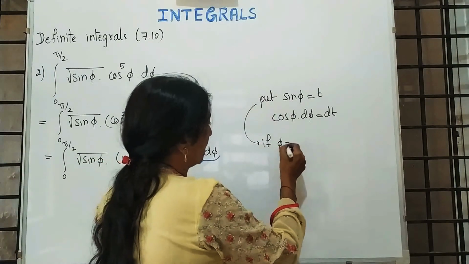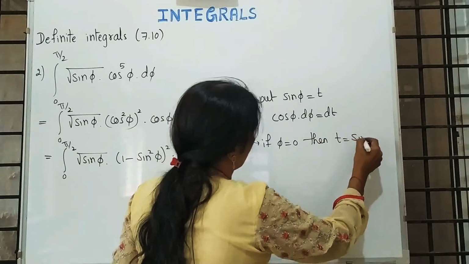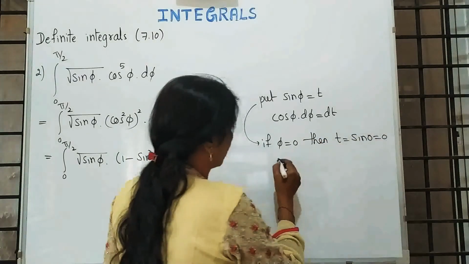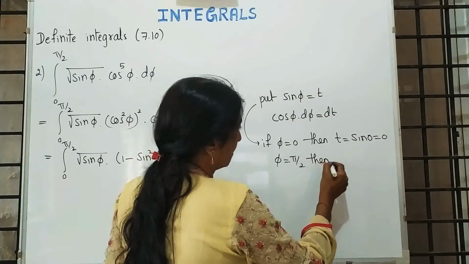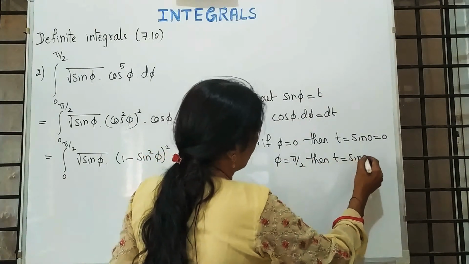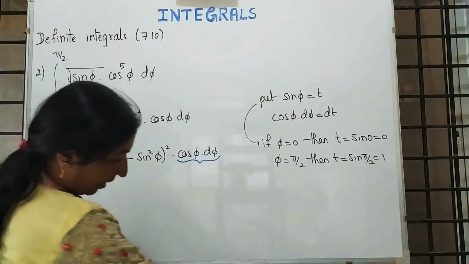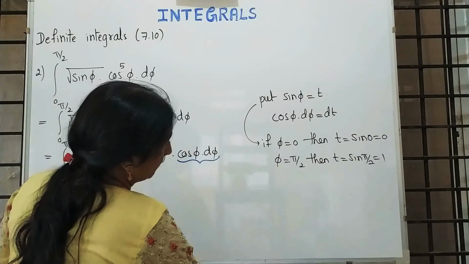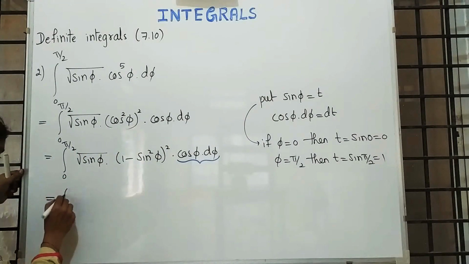If theta is 0, then t is sin 0. Sin 0 is 0. If theta is pi by 2, then t is sin 90. Sin 90 is 1. Yes, the limits are 0 to 1. Whichever values you are changing, you have to write 0 to 1.